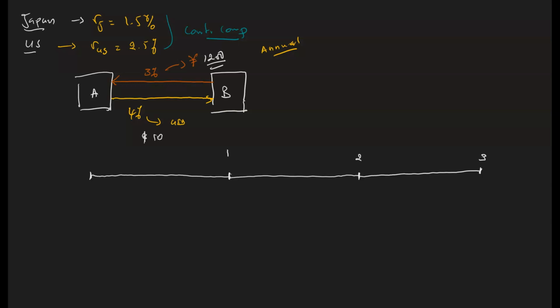And we said that we will be paying 4% on 10 million and receiving 3% on 120 million. Now we are receiving at the end of every year, because it's annual, 3% of 120 million. So what is that going to be?